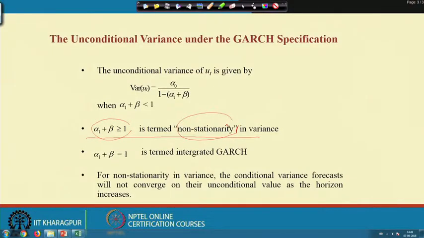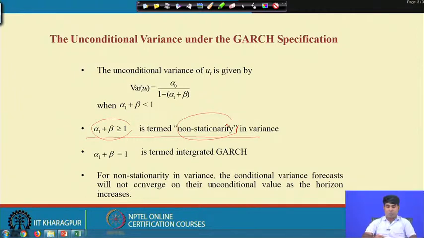So technically we have two different options compared to the first case, where alpha 1 plus beta is less than 1. The first one is alpha 1 plus beta greater than 1, which we call non-stationarity in variance, while the counterpart, alpha 1 plus beta exactly equal to 1, is called an integrated GARCH.